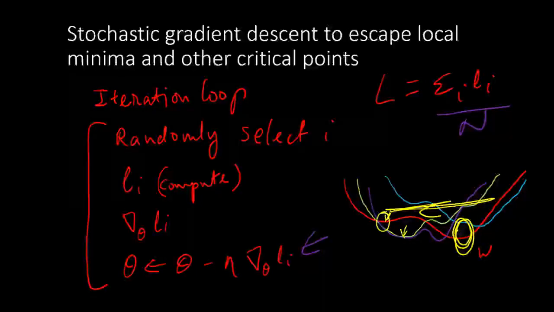That has been proven by assuming certain things about the smoothness of the loss function, and mathematically it has been shown that stochastic gradient descent has some nice properties that help you get to the global minima or within a tight band of the global minima.